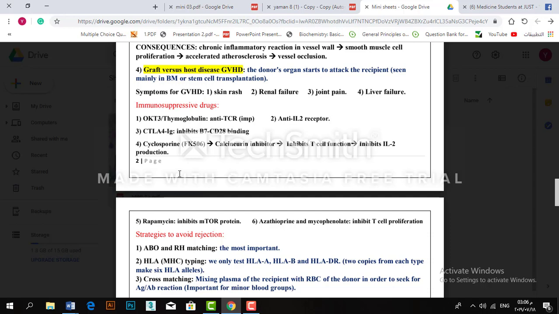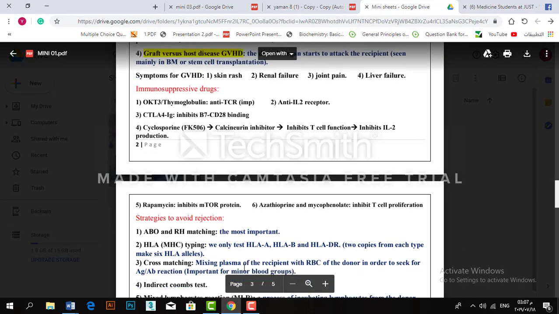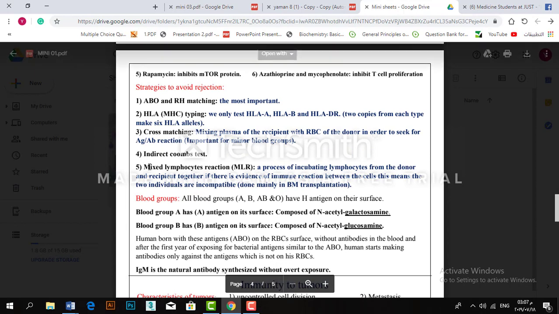Cyclosporin, or in another word FK506, is a calcineurin inhibitor that inhibits T cell function and inhibits interleukin 2 production. Rapamycin inhibits mTOR proteins, azathioprine inhibits T cell proliferation, and mycophenolate.